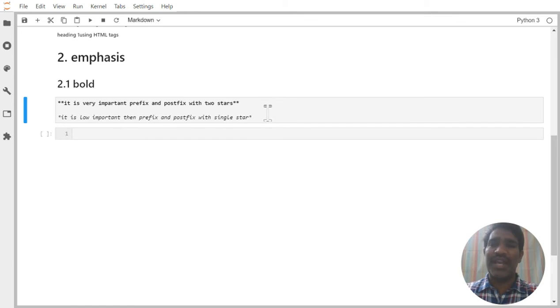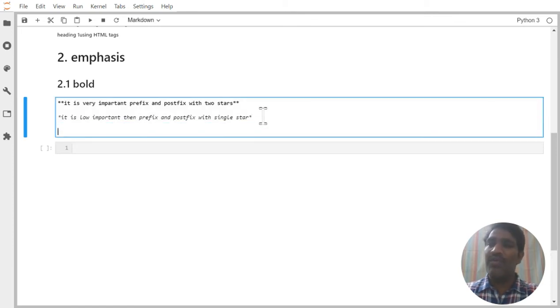If I want to strike through, then we have to use tilde symbols. Like this, tilde symbols. Do not use this antibiotic medicine.